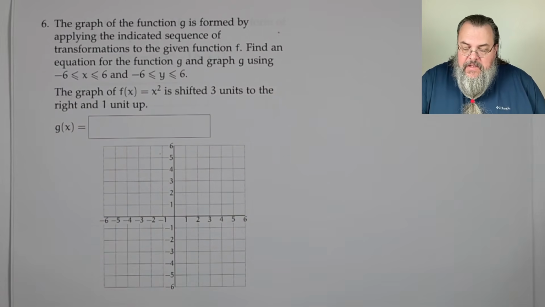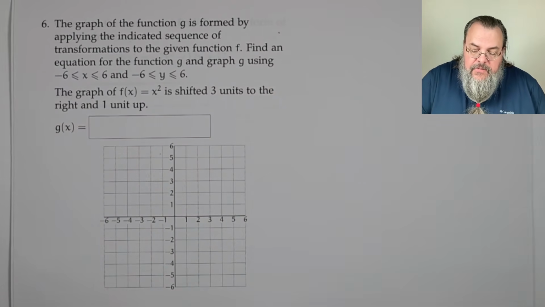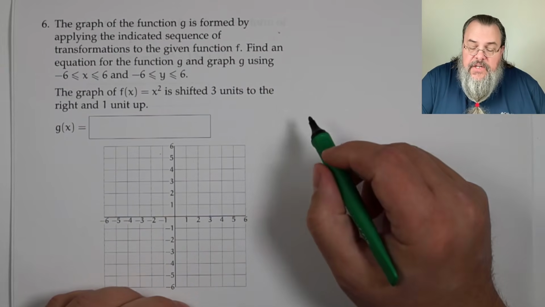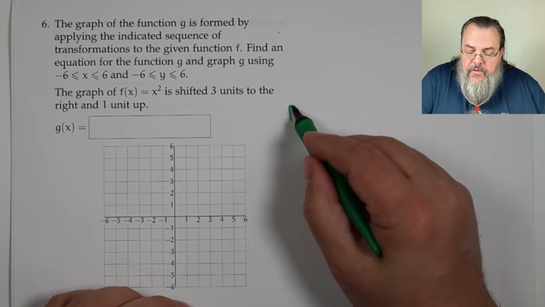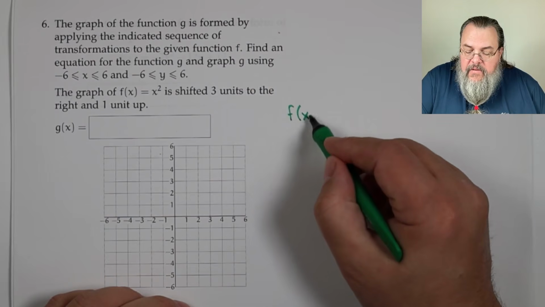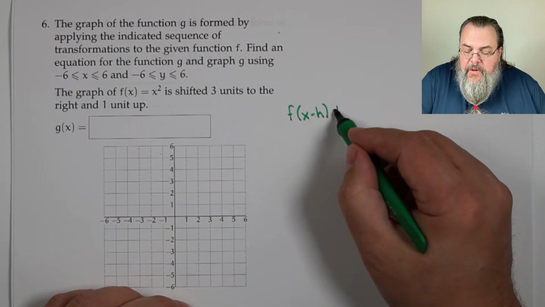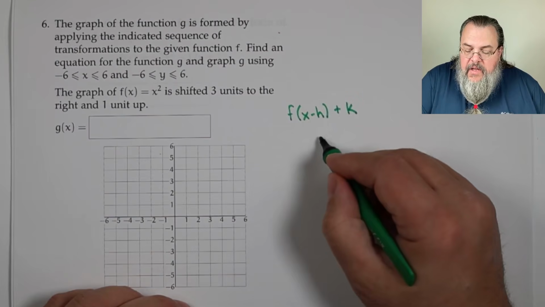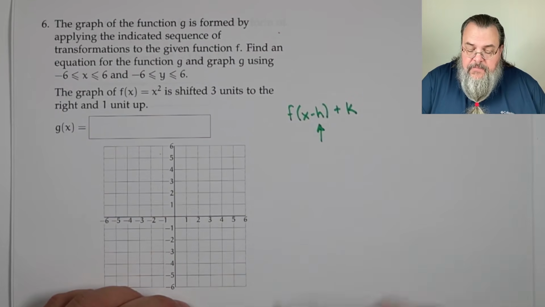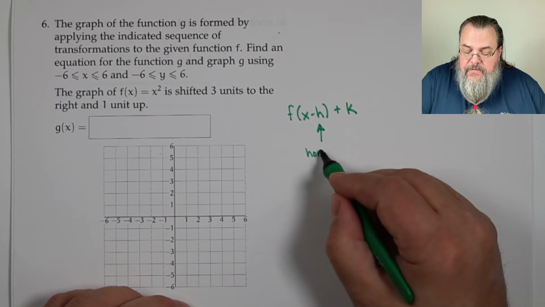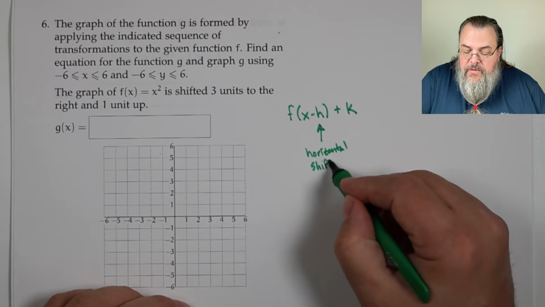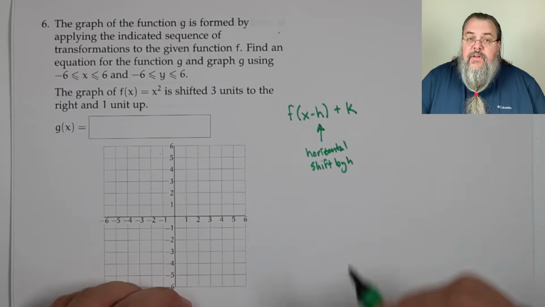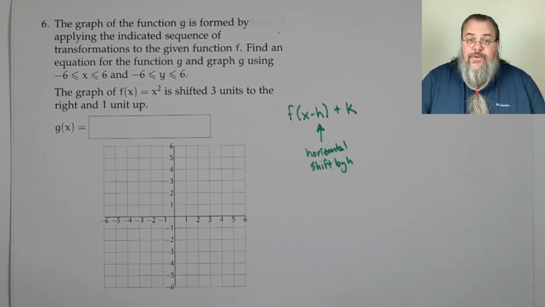Now, in general, when we're doing shifts, I would write f of x minus h plus k. The h, we talked about in the last problem, is a horizontal shift by h. So that's how much we move left or right. Notice that it's on the inside, that's why it's horizontal.